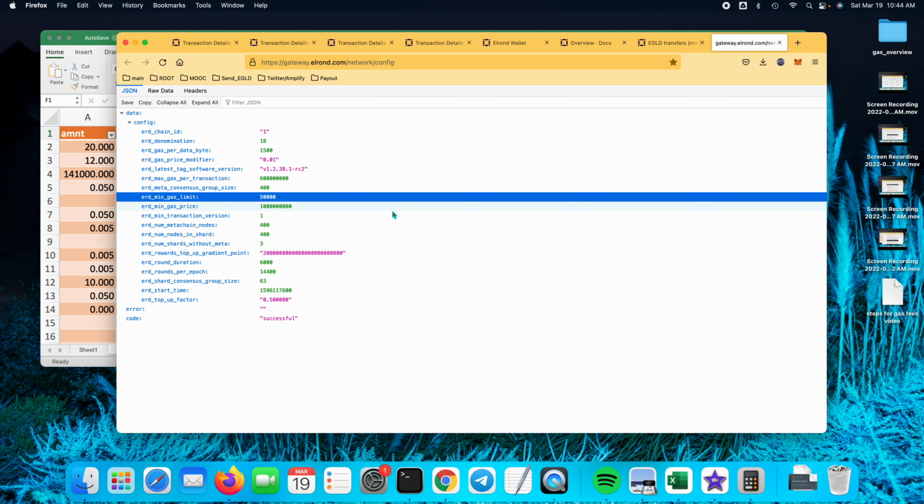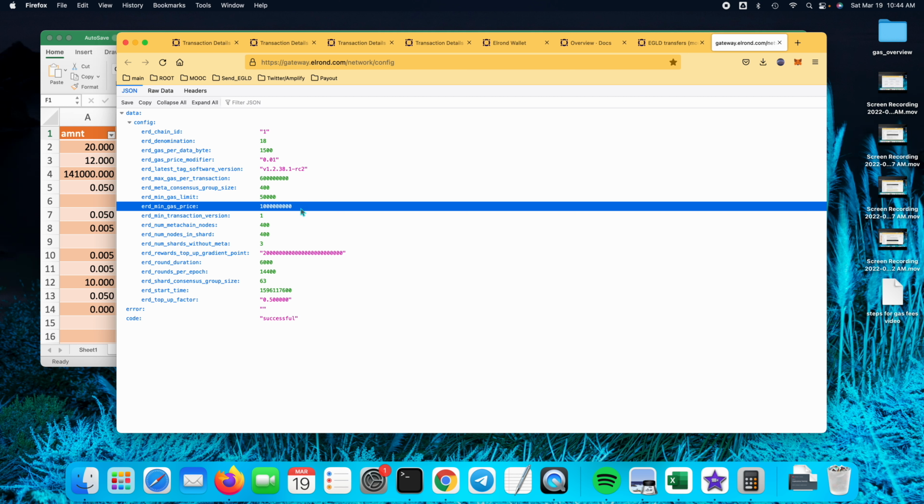And the minimum gas limit, that's going to be the base fee for your transactions. And the gas price is how many atoms each gas unit costs. And that's all that's relevant for this video on the configuration data numbers.